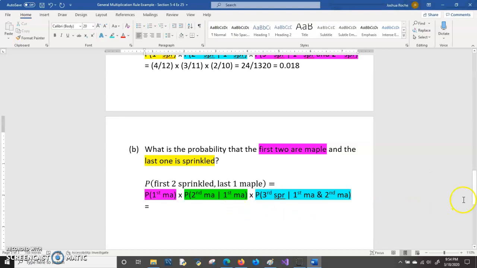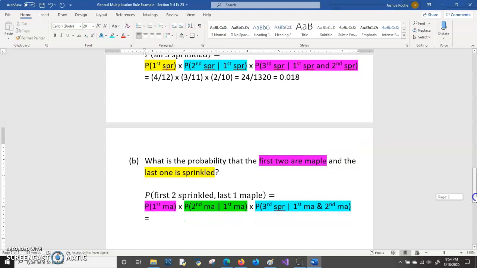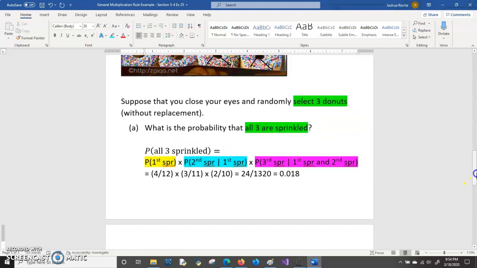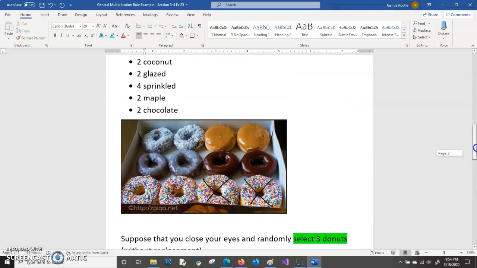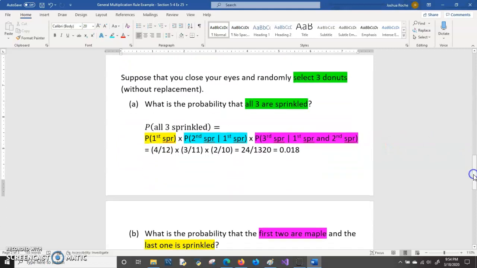That's the formula, but again, I prefer just to think about the context of the problem. First, what are the chances the first donut would be a maple? Going up here, there are 2 maple donuts, and there are 12 donuts. We're starting over. So the chances of picking out a maple would be 2 out of 12.